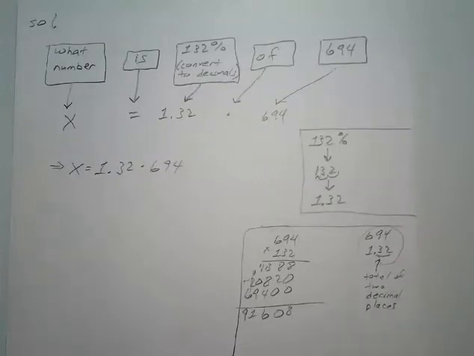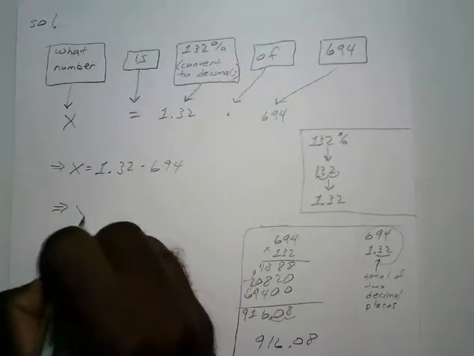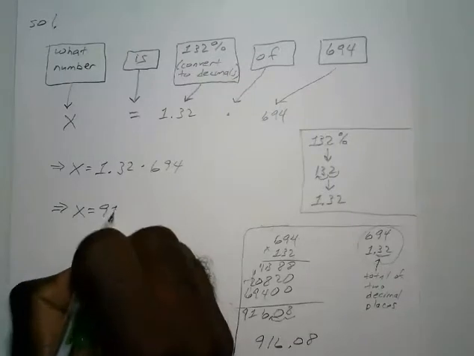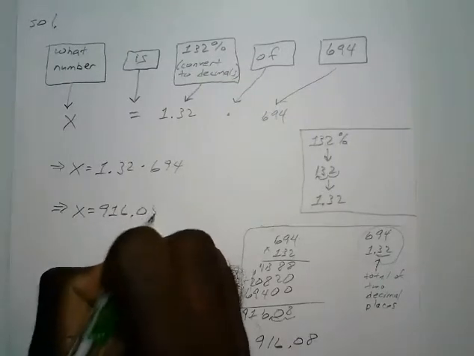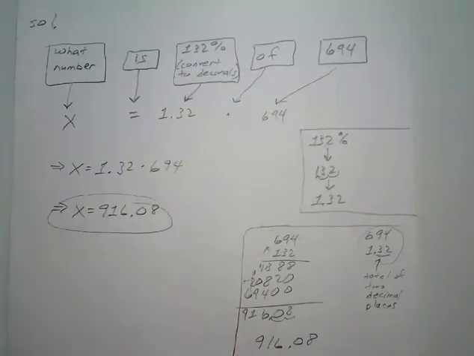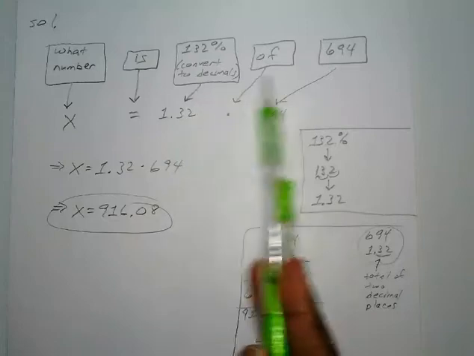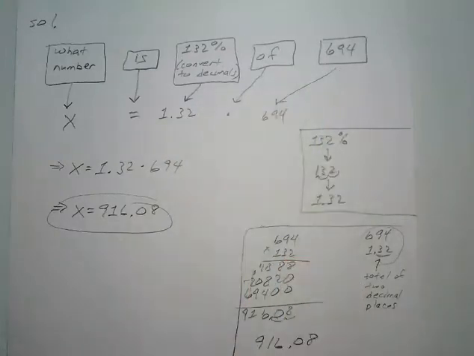So that means you're going to move the decimal from the end over twice. So you have 916.08. Okay, so x equals 916.08. So 916.08 is 132% of 694.